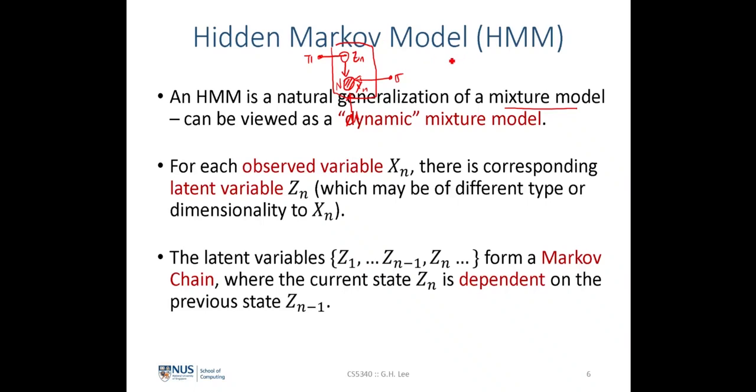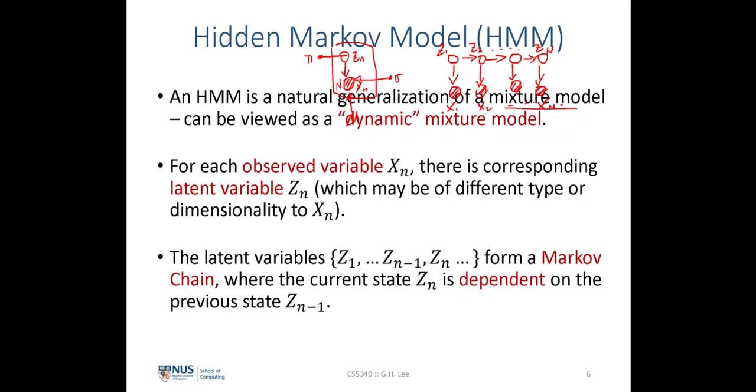Hence, this will give rise to a hidden Markov graphical model, which looks something like this, where this goes all the way up to Zn, with Z1, Z2, and all the way to Zn, and the observed random variables are here, x1, x2, all the way to xn over here.